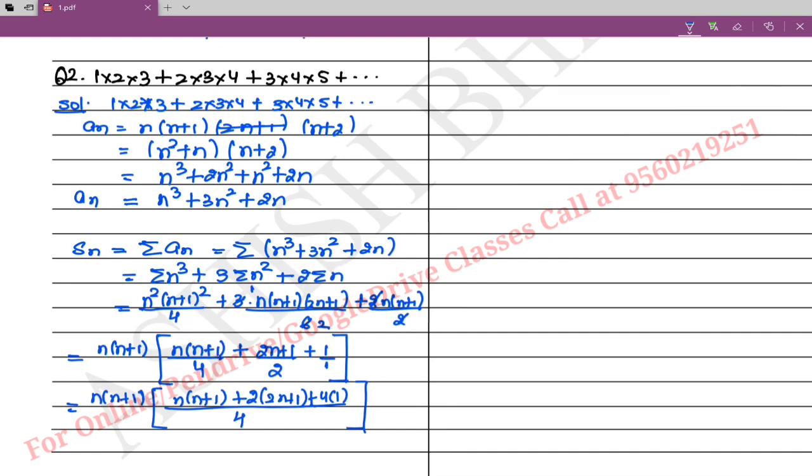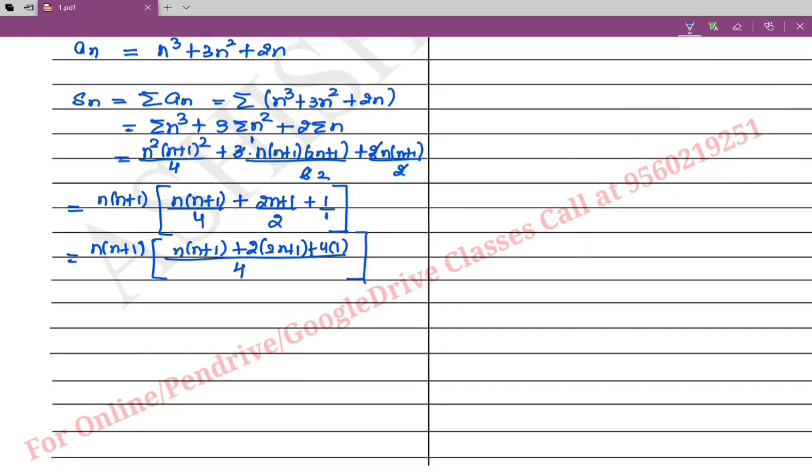I hope you all know the basic procedure for taking LCM. So it would be n plus 1, so we will be left with n square plus n plus 4n plus 2 plus 4 whole divided by 4, which will further become n into n plus 1 into n square plus 5n plus 6.